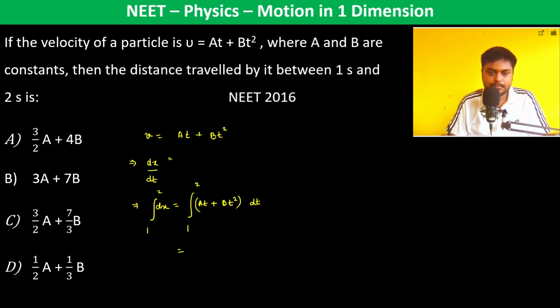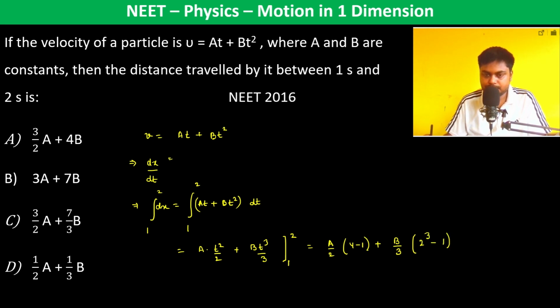So this is going to be a into t square by 2 plus b into t cube by 3 from 1 to 2, which is equal to a by 2 into 4 minus 1 plus b by 3 into 2 cube minus 1, which is a by 2 into 3 plus b by 3 into 7. So 3a by 2 plus 7b by 3, that is option C.